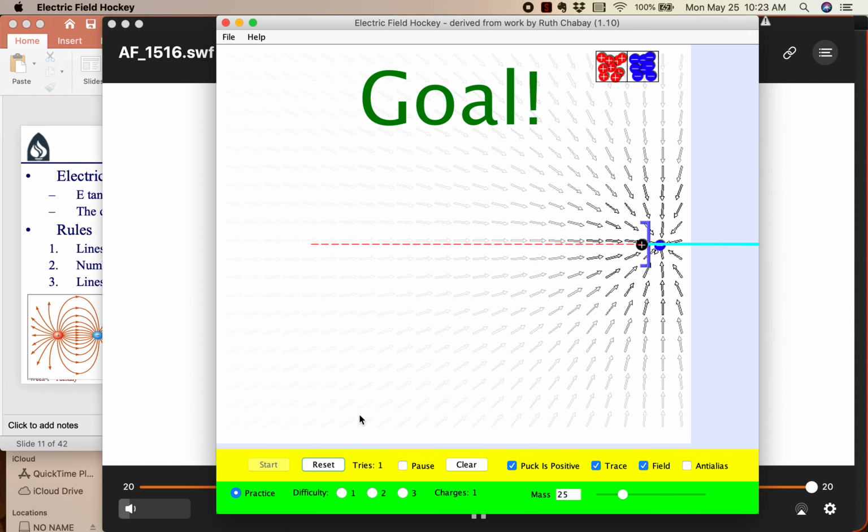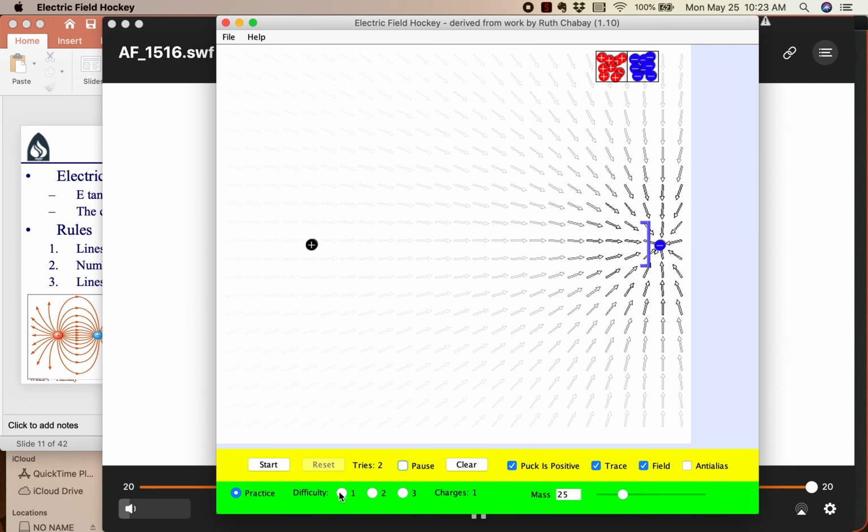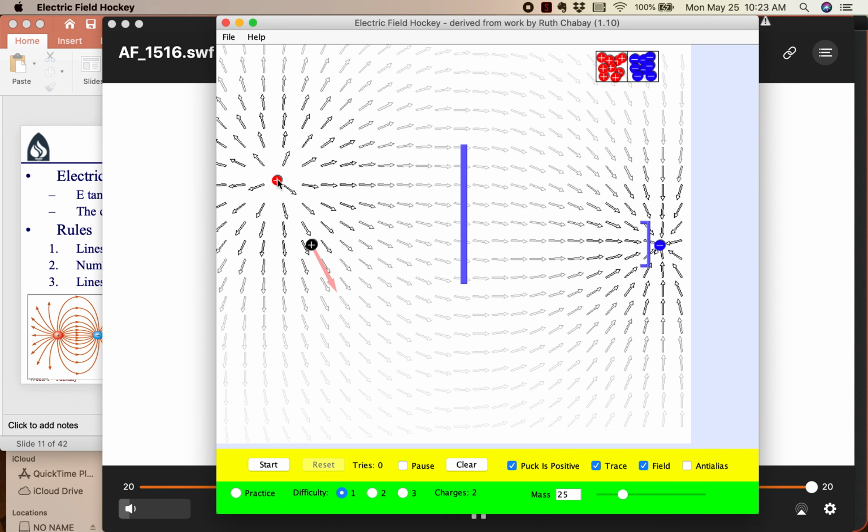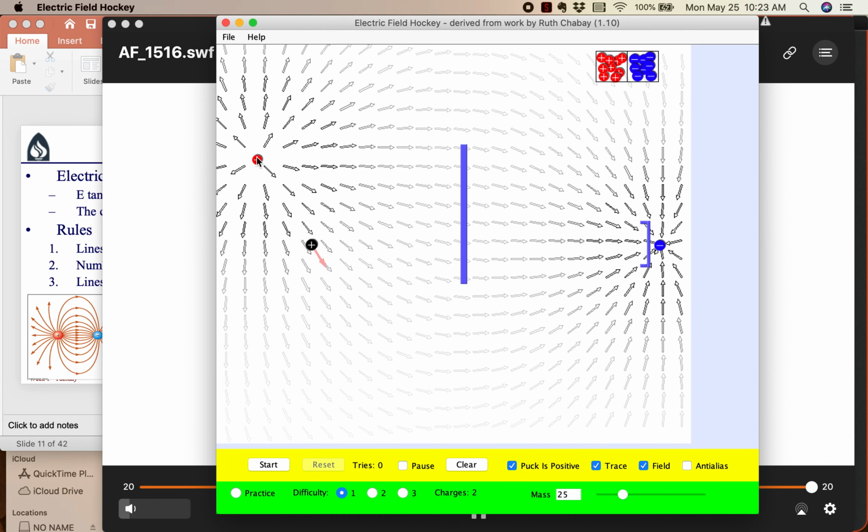So this is the let's-just-figure-out-how-this-game-works level. We also have a difficulty level 1 where we have to get around some sort of barrier. Oops. Let's put the charge here. And we can start the game. That didn't quite work.